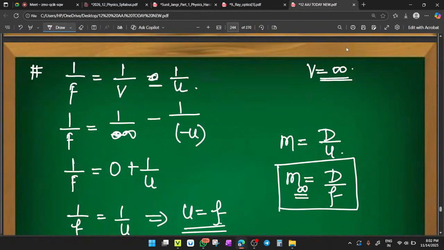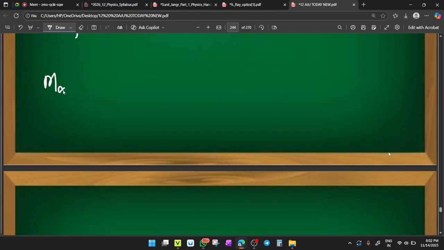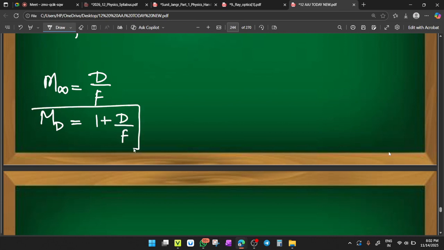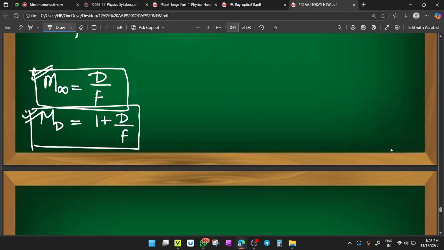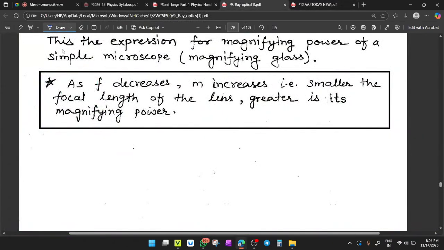So remember these two formulas. Minimum magnification, for infinity, equals D upon F. And maximum magnification is carried out when your final image is at the least distance of distinct vision, equal to 1 plus D by F. By observation of the formula M equals D by F plus 1, as the focal length decreases, this term increases, so M increases.